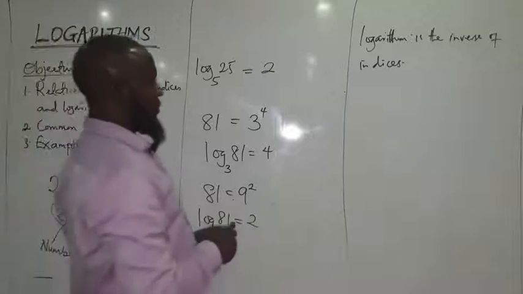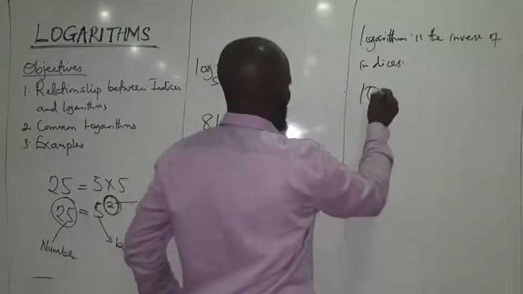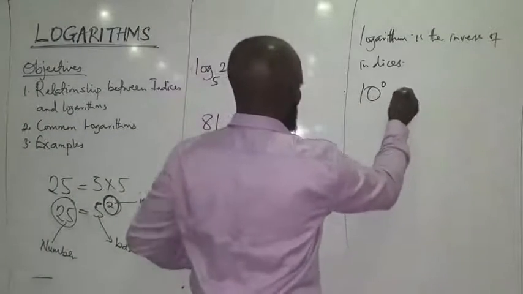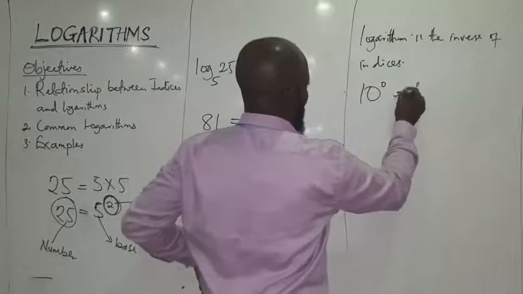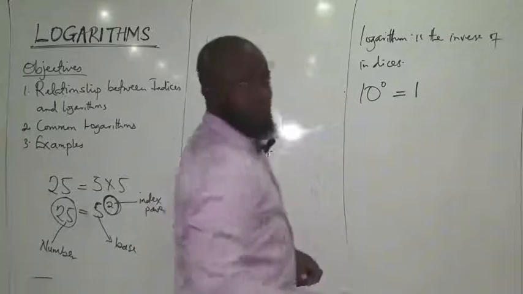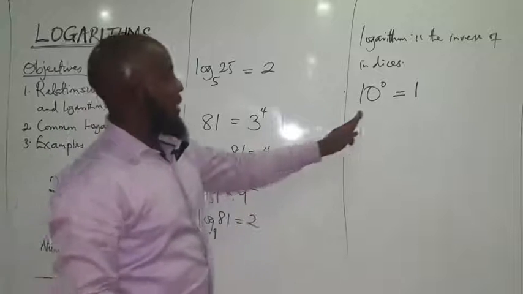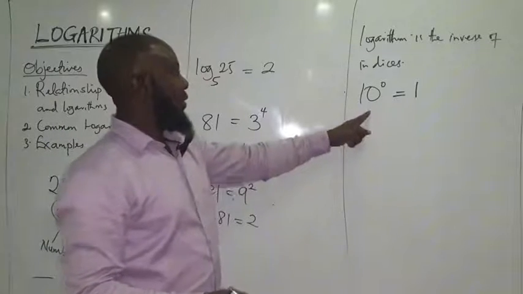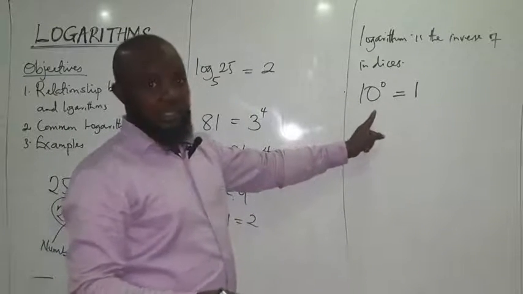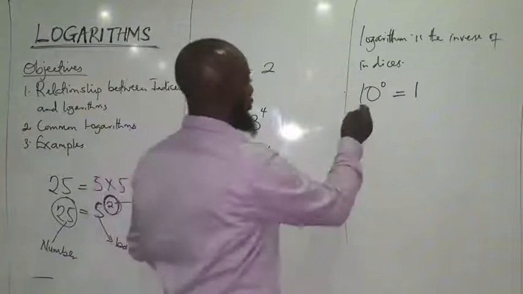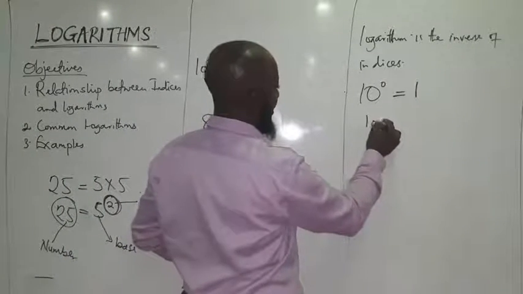So let's look at this. We have 10 raised to power 0 equals 1. We all know that. Now, if we want to write this in log form, this will give us log.